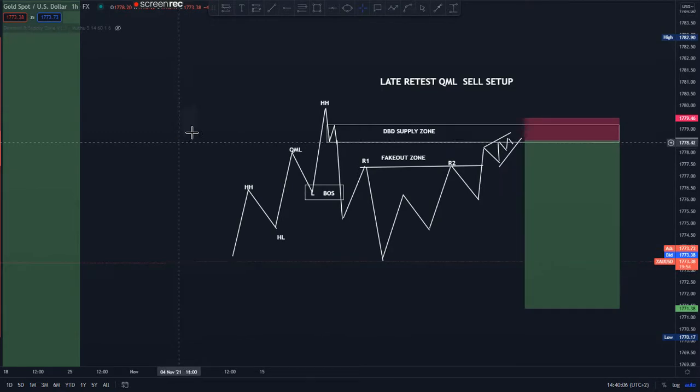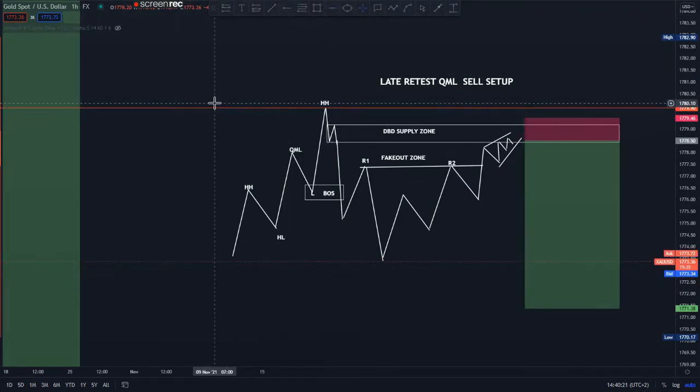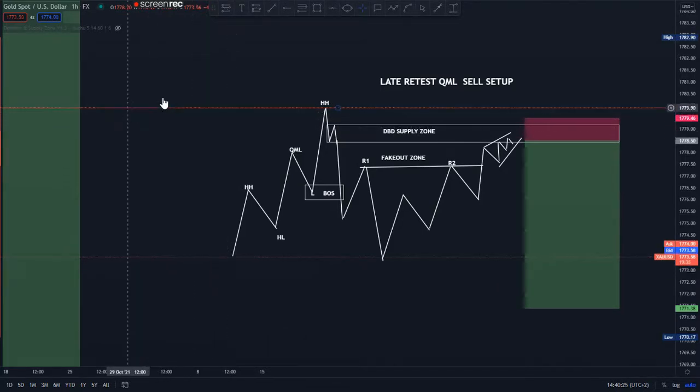So I will just take you to our chart right now. See how it's looking. Okay, so this is basically what you want. First of all, another thing that you have to remember is you have to make sure that you put a horizontal line here on the head, and then go to the left. Make sure you don't have any structures that are actually coming to this level and acting as resistance.